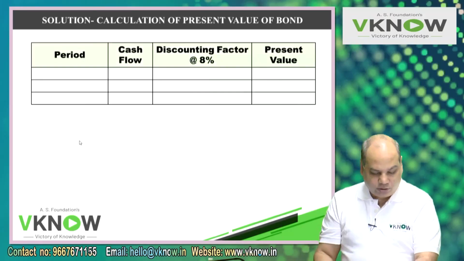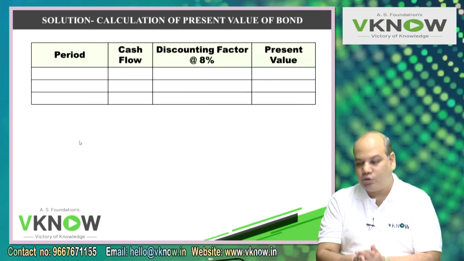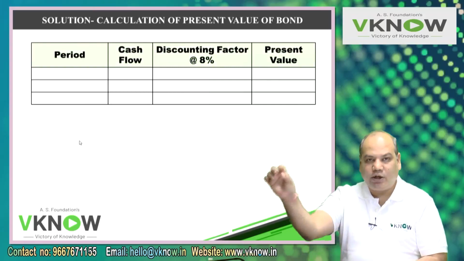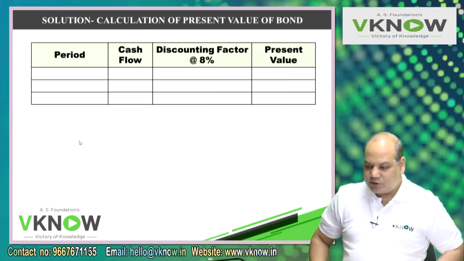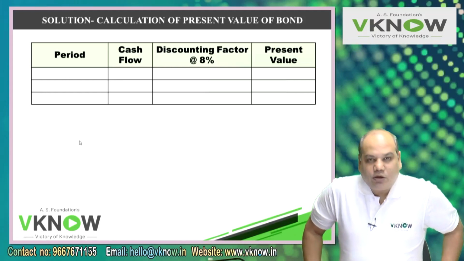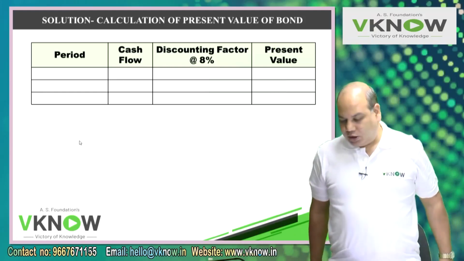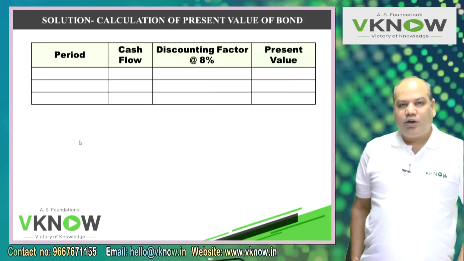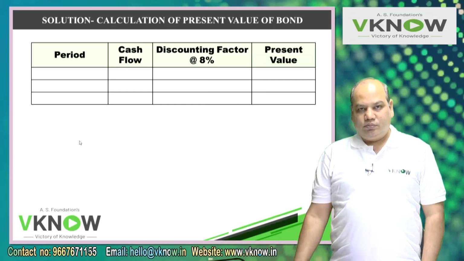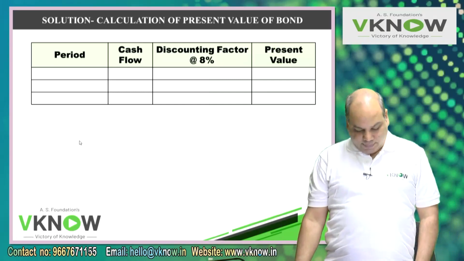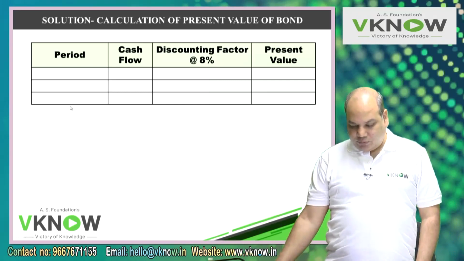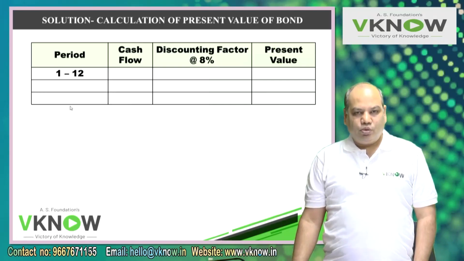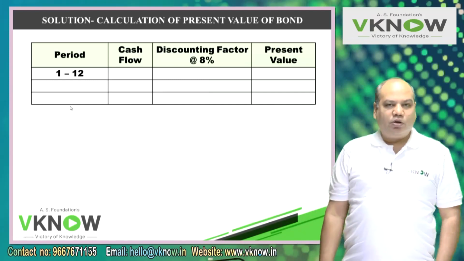Ready? So write down in the book or in your notebook the calculation of the present value of the bond. Heading: calculation of the present value of the bond. Columns: year, particulars, cash flow, discounting factor at the rate of 8%, present value. For years 1 to 12, in the particulars column write coupons.